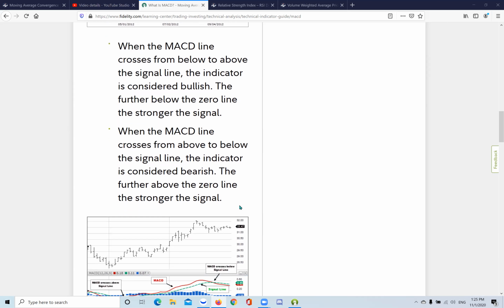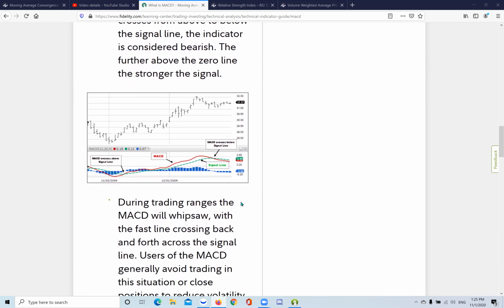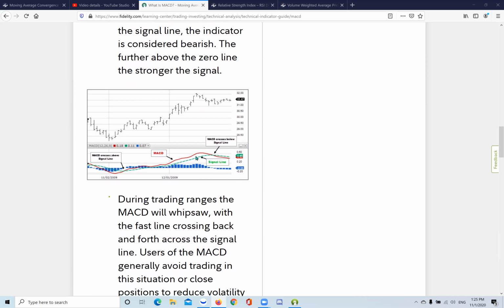The further above the zero line, the stronger the signal. Okay, so now they are telling you, the further, the stronger.